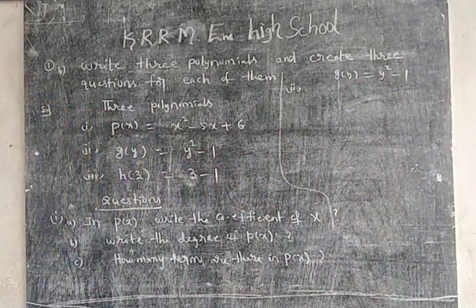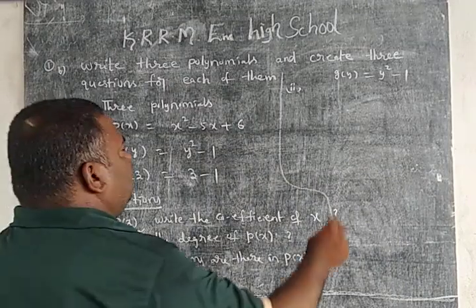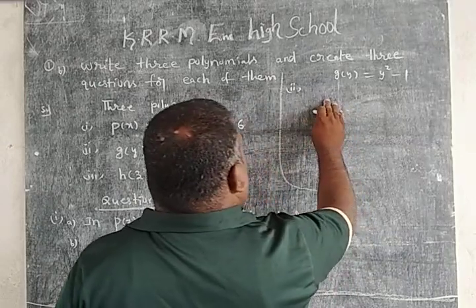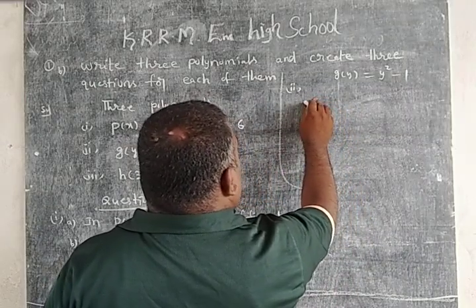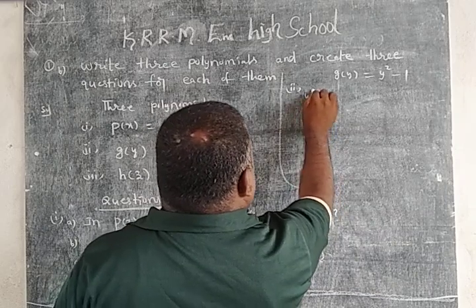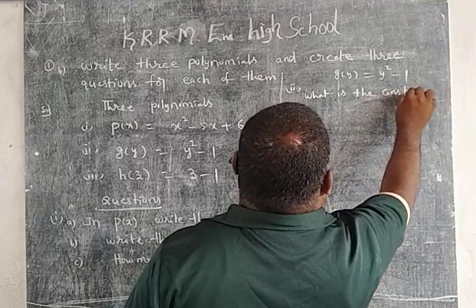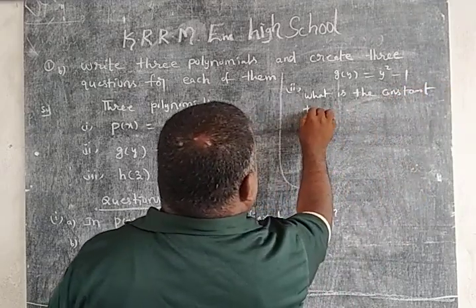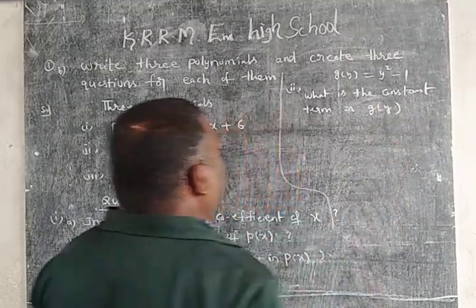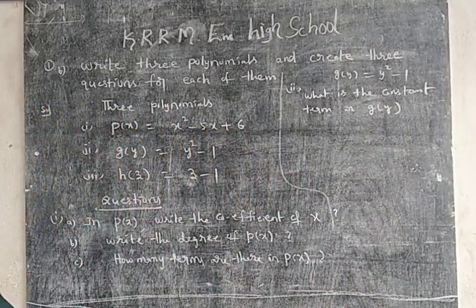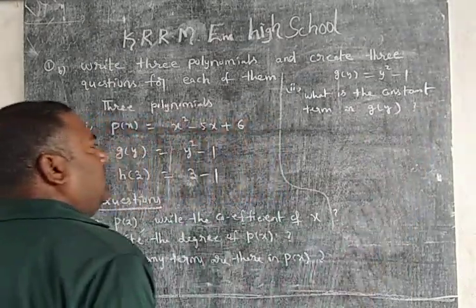For this one, three questions. What is the constant term in g of y? One question: what is the constant term in g of y?